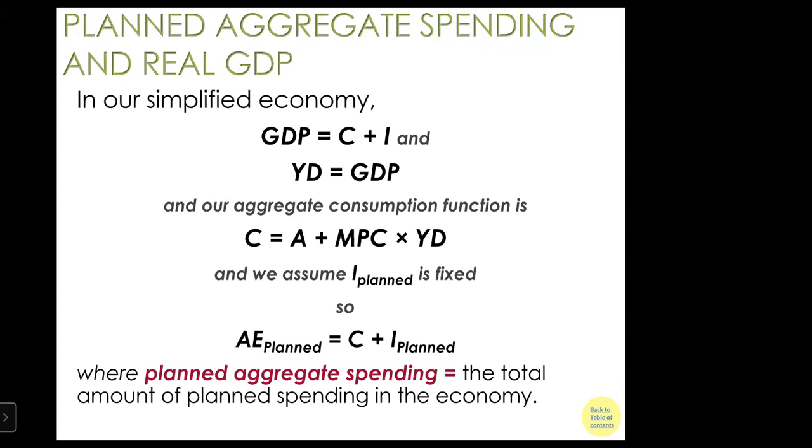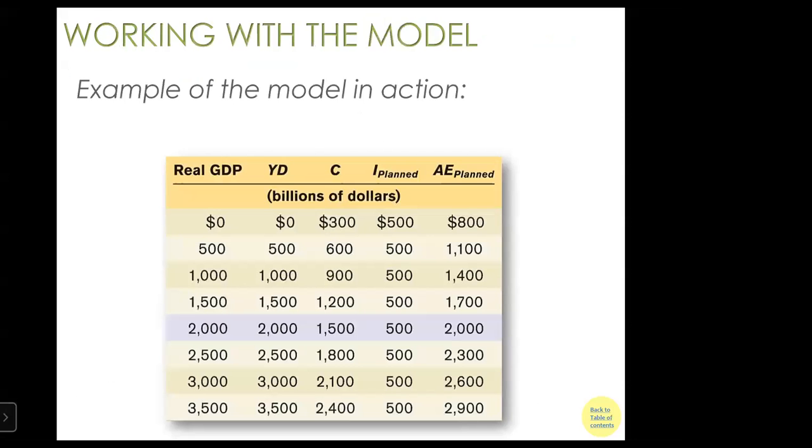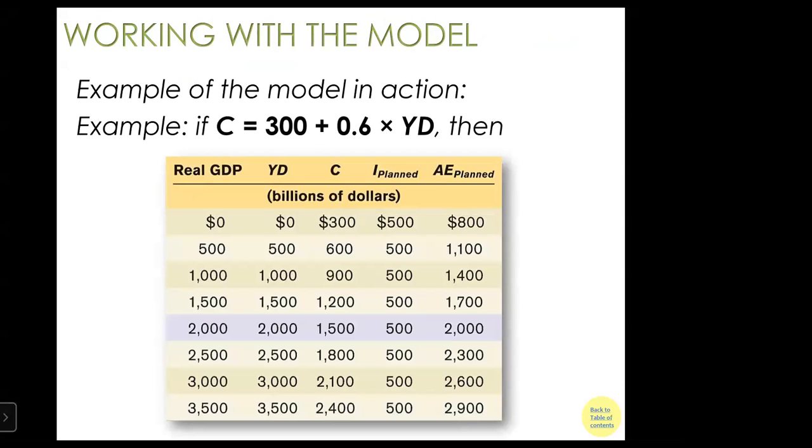In this model, as summarized right here, planned aggregate expenditure equals C plus planned I. This aggregate expenditure is going to give you Y, and C plus I also gives you Y. Now look at this example. There's one particular row where real GDP equals planned aggregate expenditure.